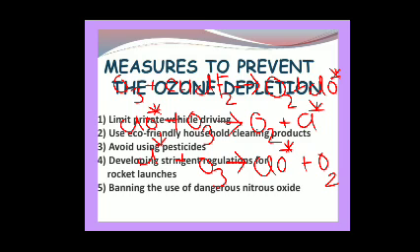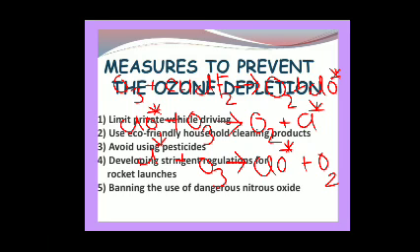The depletion of ozone content in the atmosphere reduces its capacity to stop harmful UV rays entering the environment. This may result in an increase in skin cancer and eye diseases.